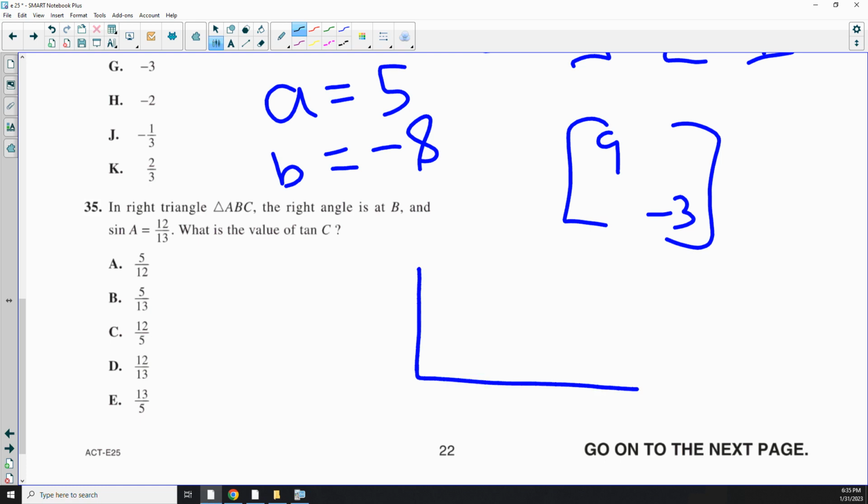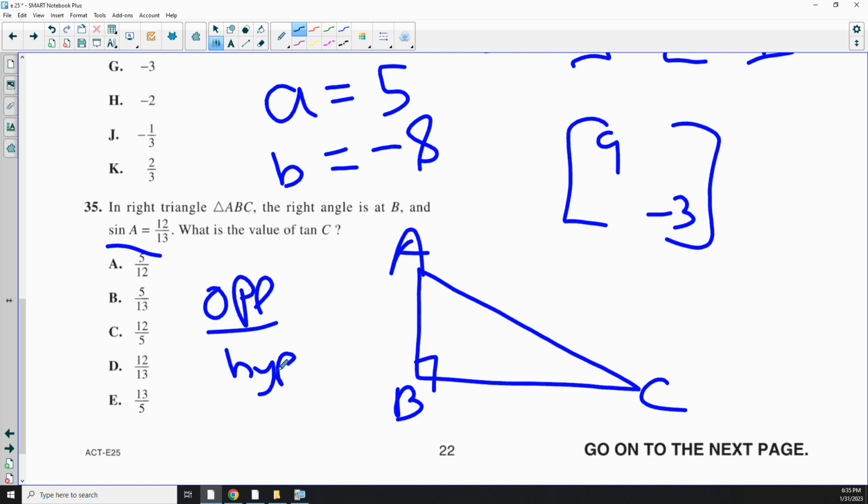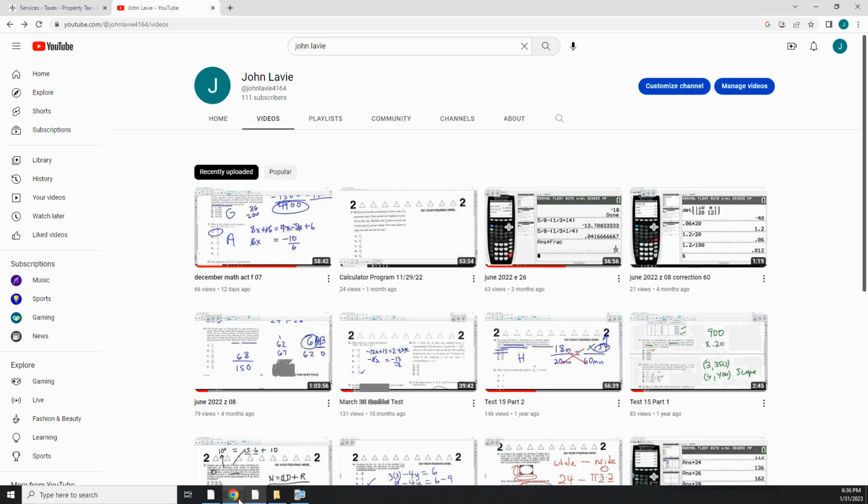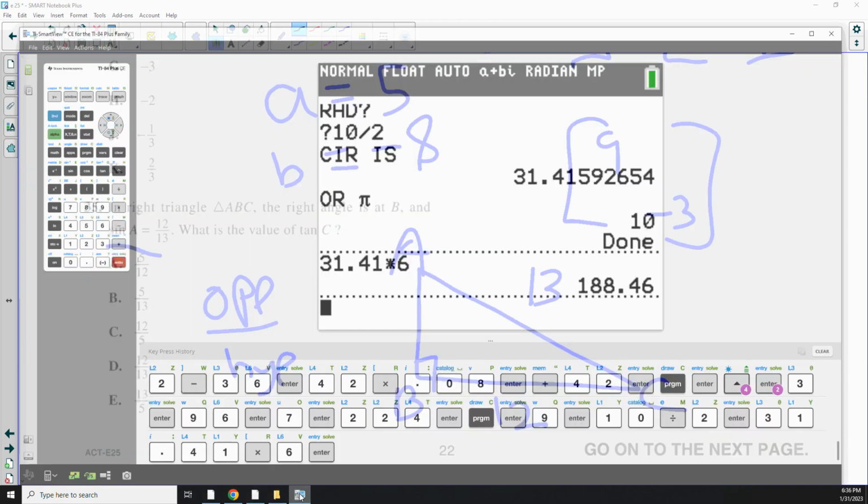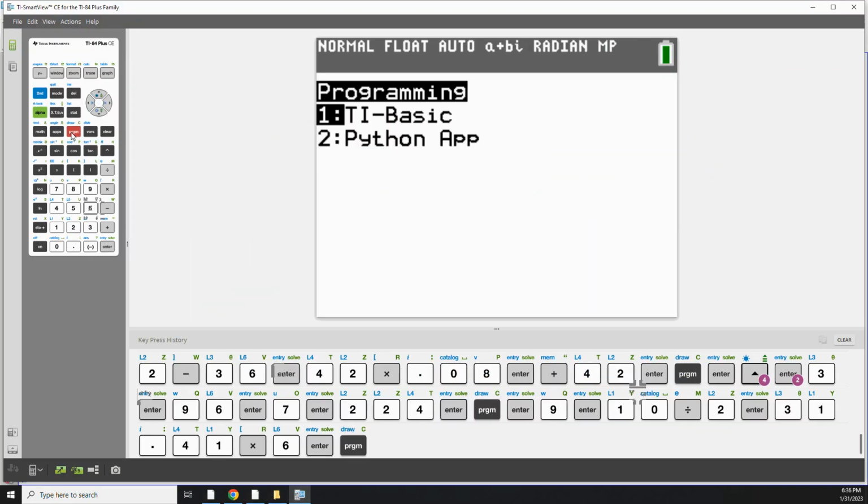Right triangle, ABC. The right angle is at B. I don't think the others matter. Chief SOHCAHTOA says the sine of A is the opposite over the hypotenuse. So this has to be 12, and this has to be 13. Now, can't we do leg to find this side? So it's a little bit of Chief SOHCAHTOA, and it's a little bit of leg. So we're going to do the leg program.